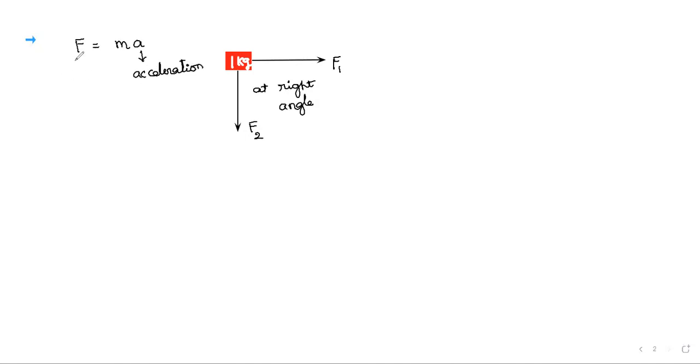Force applied, this is F. M is mass, the mass of the object.